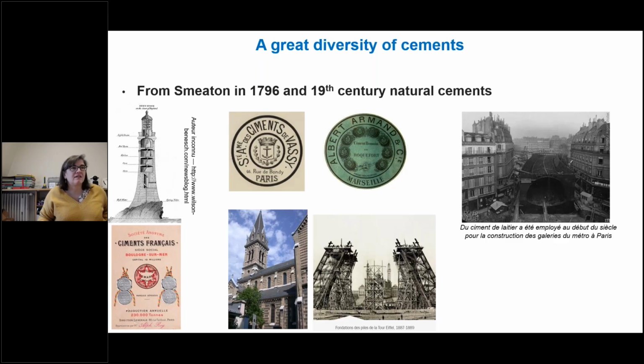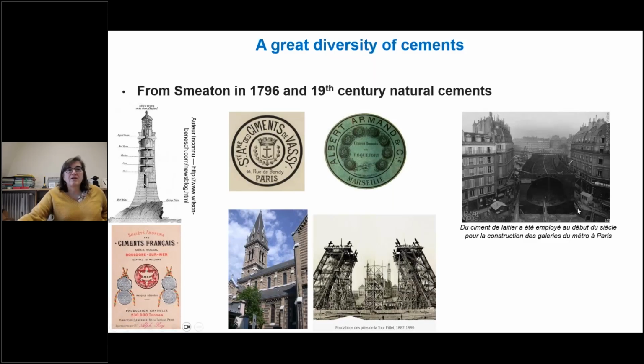The story began at the end of the 18th century with Smeaton, as you can see his lighthouse here. Then we have French cement in the north of France from the early 19th century, and then a lot of different typologies of natural cements in the 19th century.